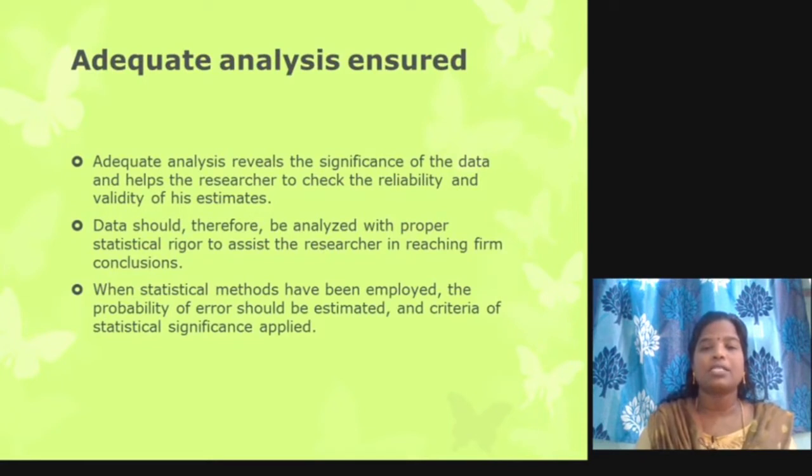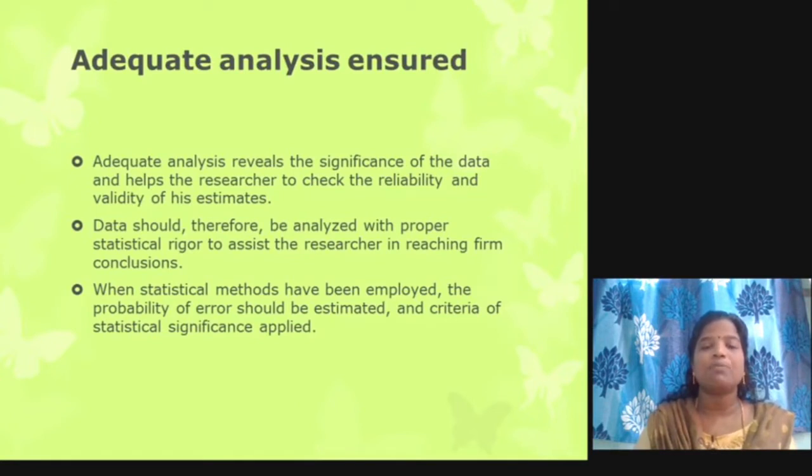Adequate analysis ensured. Adequate analysis reveals the significance of the data and helps the researcher to check the reliability and validity of his estimates. Data should therefore be analyzed with proper statistical rigor to assist the researcher in reaching firm conclusions.